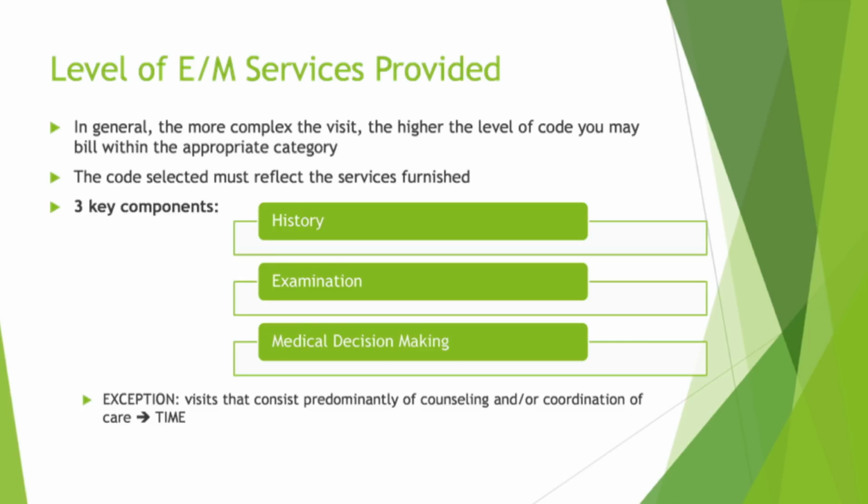The 3 components when selecting the appropriate level of E&M services provided are history, physical examination, and medical decision-making. Visits that consist predominantly of counseling and/or coordination of care are an exception to this rule. For these visits, time is the key or controlling factor to qualify for a particular level of E&M services.